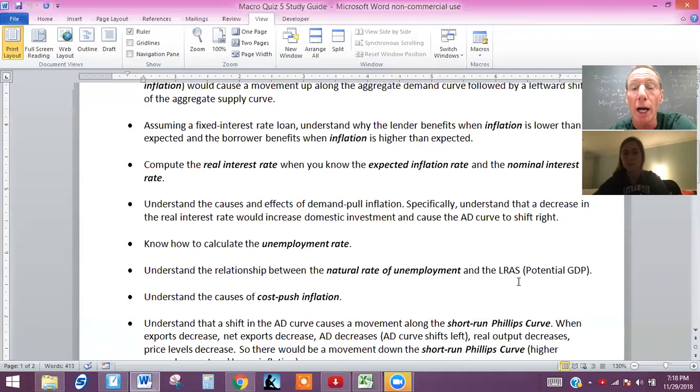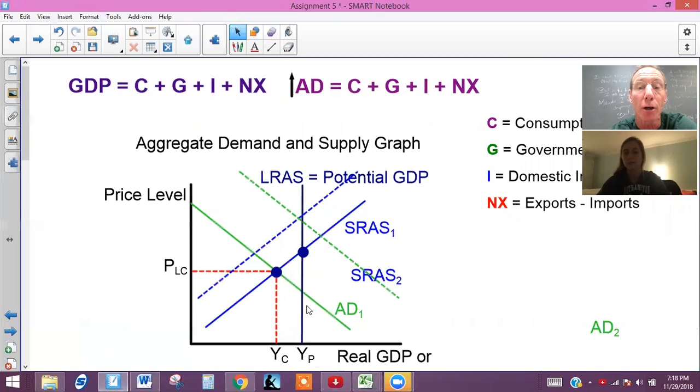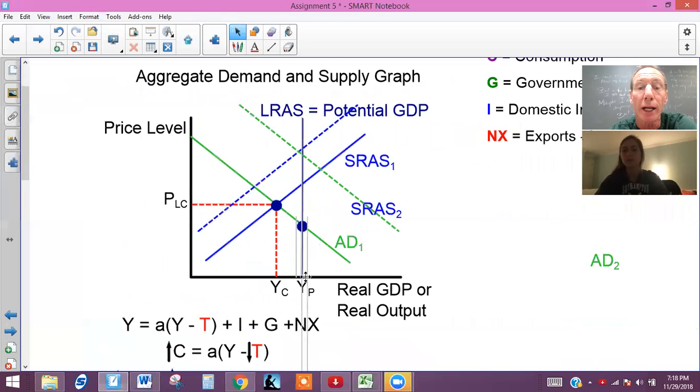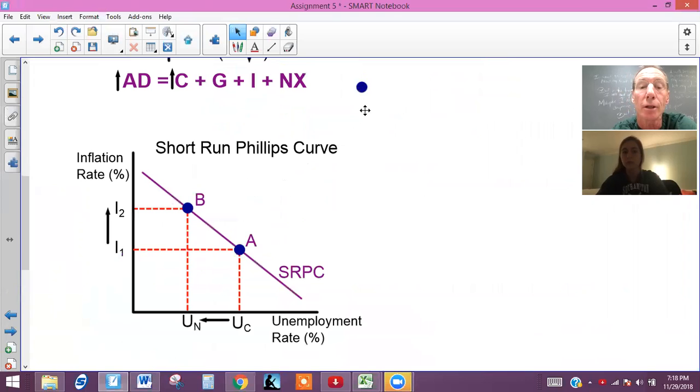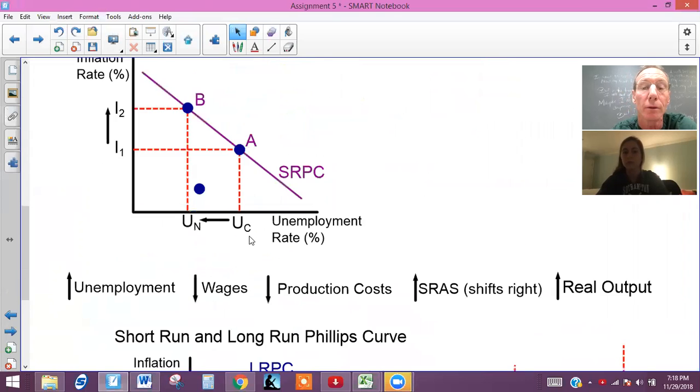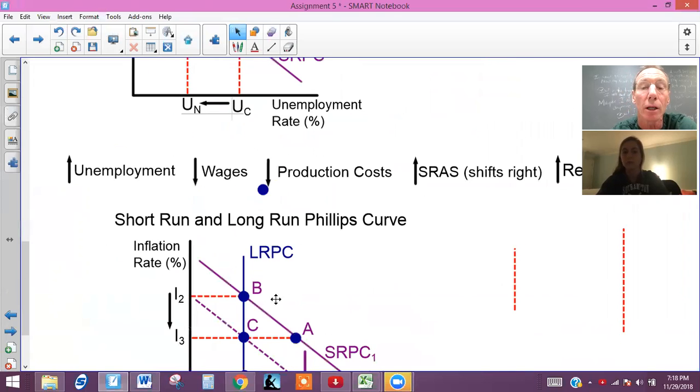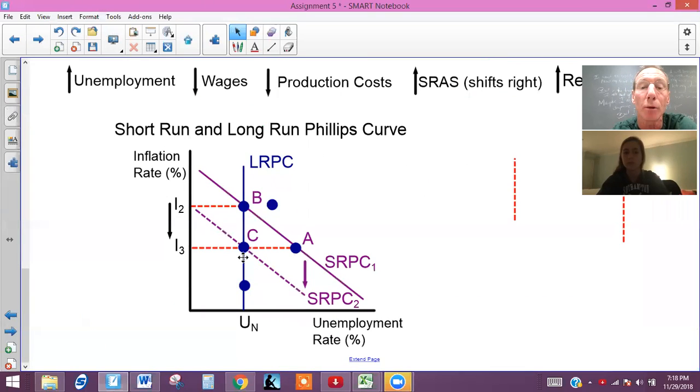That is what I was talking about earlier when I said that when you look at these two models, this point right here at potential GDP is also known as the point where we're at full employment, also known as the point where we are at the natural rate of unemployment, down here.